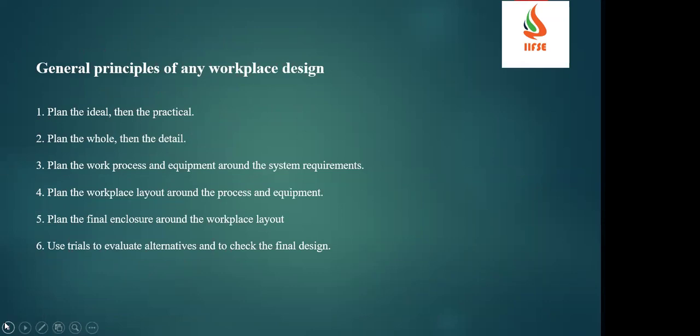Then we discussed some principles of workplace design specifically. Plan for the ideal situation, then the practical; plan for the whole, not the detail; plan for the work process and equipment. This slide is all about how you plan your workplace. If you take any equipment, what are the adjacent or supporting activities needed to operate that machine? It is about keeping space in and around the machine for maintenance, and for the electrical panel.